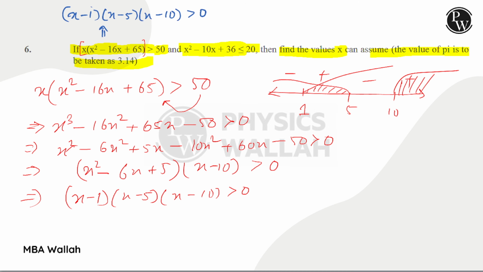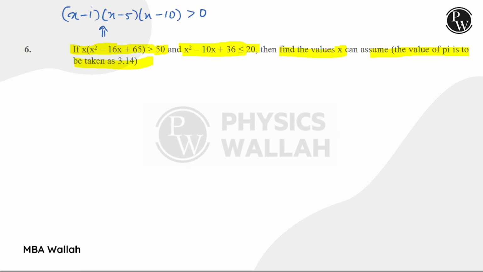Now for the next part, I am looking at this expression, x square minus 10x plus 36 less than equal to 20. First thing first, you will transpose 20 to the LHS, making this x square minus 10x plus 16 less than equal to 0.